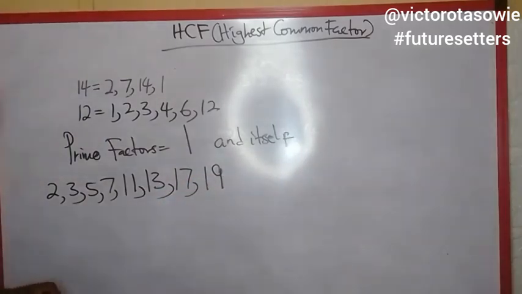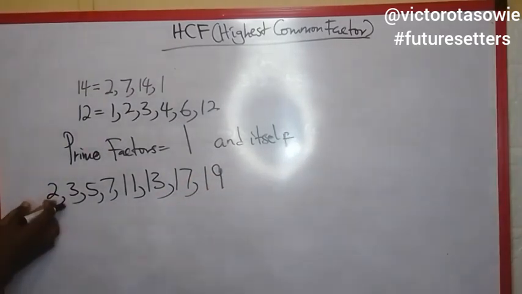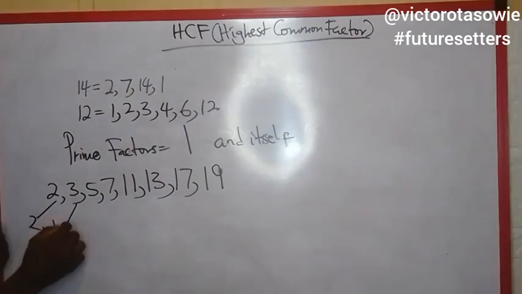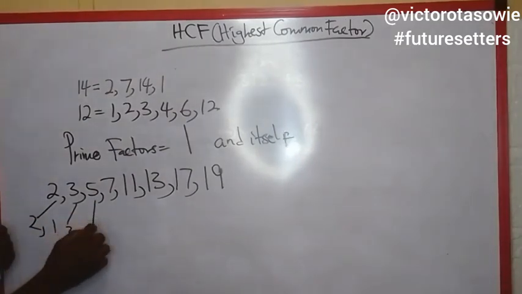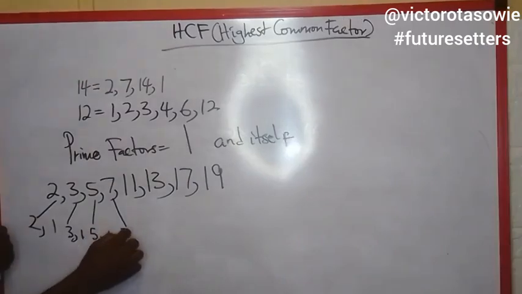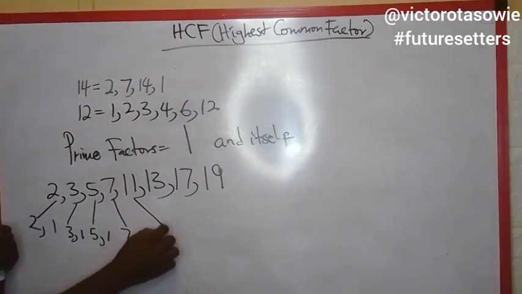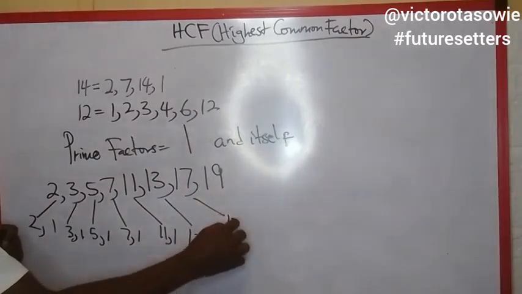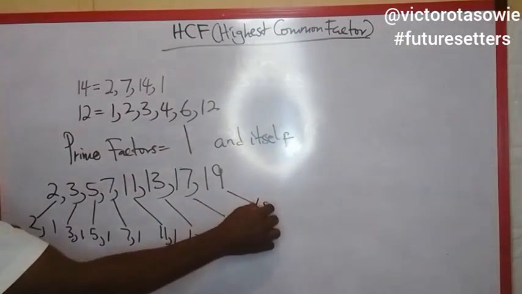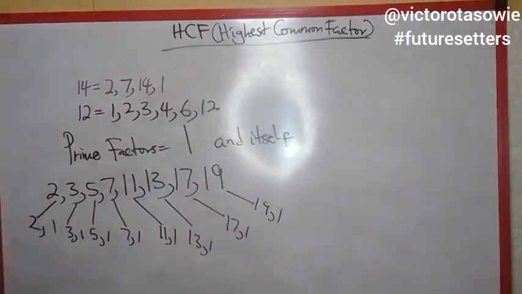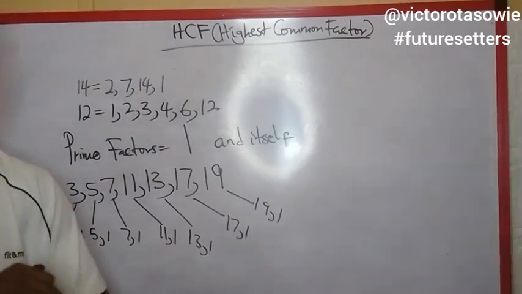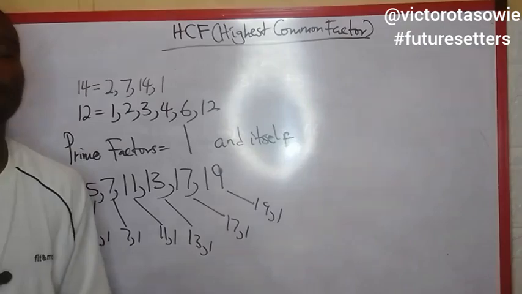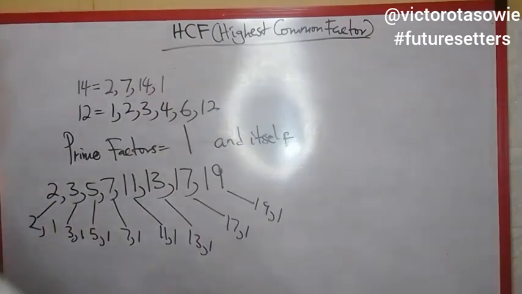Let's stop here. 3 can be divided by 3 and 1, 5 by 5 and 1, 7 by 7 and 1, 11 and 1, 13 and 1, 17 and 1, 19 and 1. The number has to be divided by only 1 and itself. Any number that is not within this range is not a prime number.